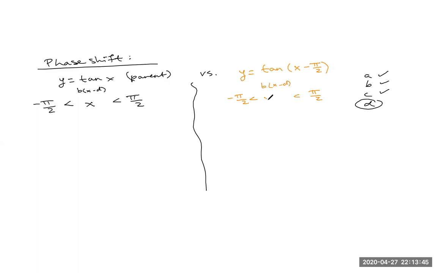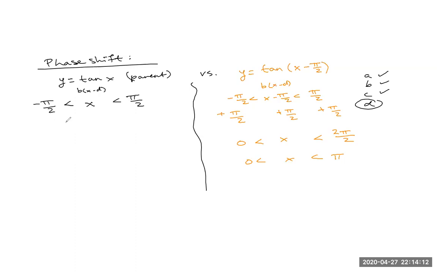In that case, it's going to be x minus pi over 2. So we're going to add pi over 2 to the middle and to the sides. We've shifted over 0 to 2 pi over 2, which is pi.